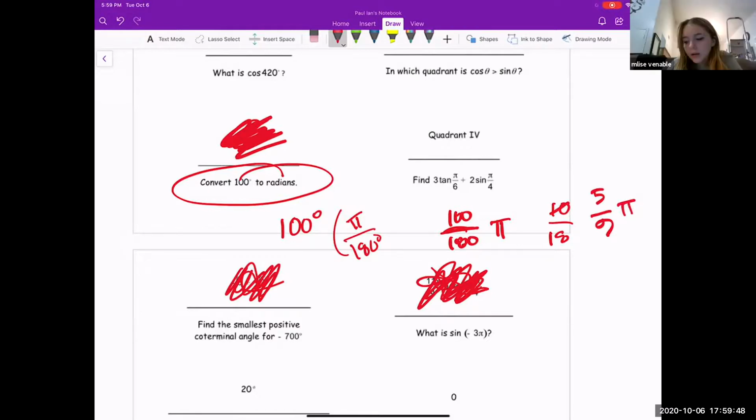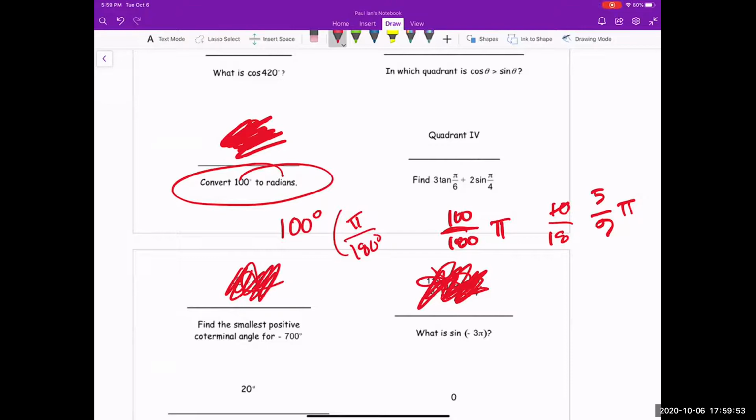How come they got that number though? Let me see. Square root of 3 plus. Oh, I see what it is. Square root of 14. Okay.